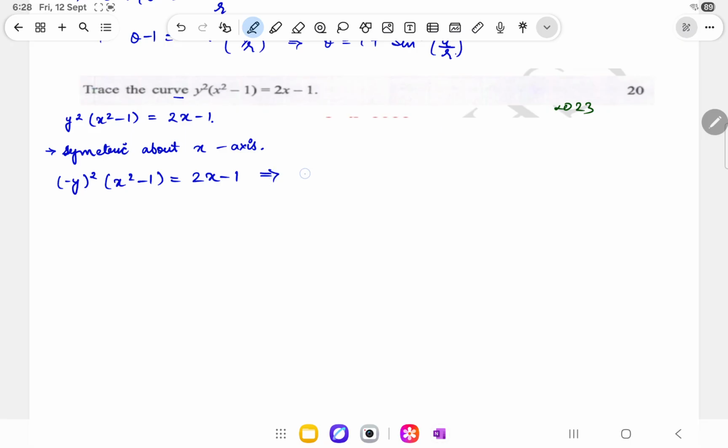So this is the same as writing y square into x square minus 1 equals to 2x minus 1. So this is the first thing that I got, that it is symmetric about x-axis.